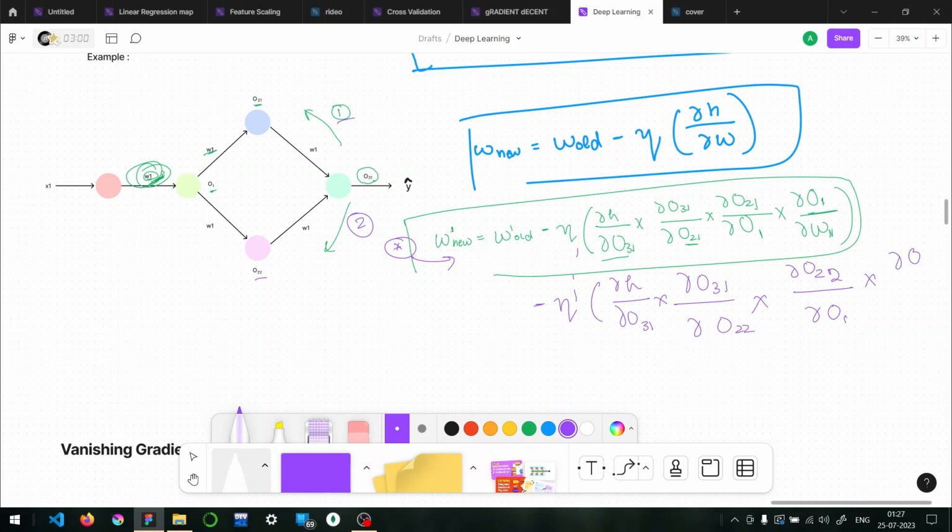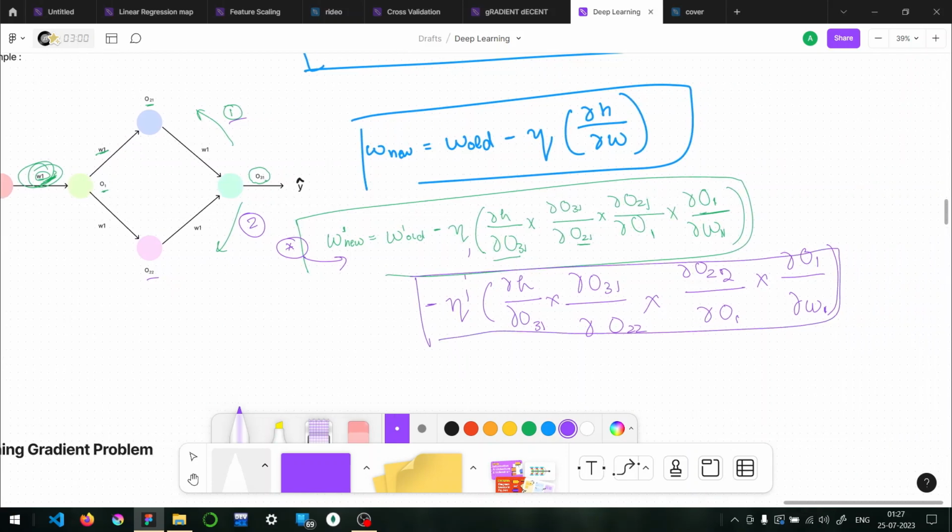After that, O1 with respect to W1, right? So this could be our answer as well. But I'll say not only this is our answer, and the first is also not our only answer. Our answer is the sum of these both expressions, the addition of both.